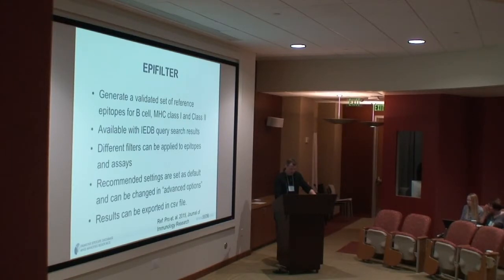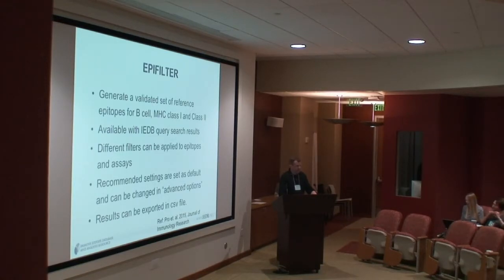Then the final tool I'll talk about briefly here is the EPI Filter tool, which is essentially an extension of the IEDB query mechanism. When you look at the IEDB search results for something like hepatitis C virus, you'll easily have 10,000 entries.